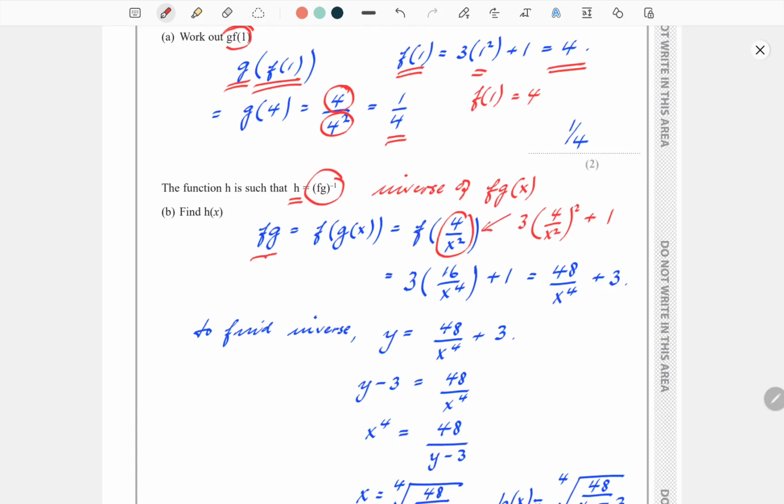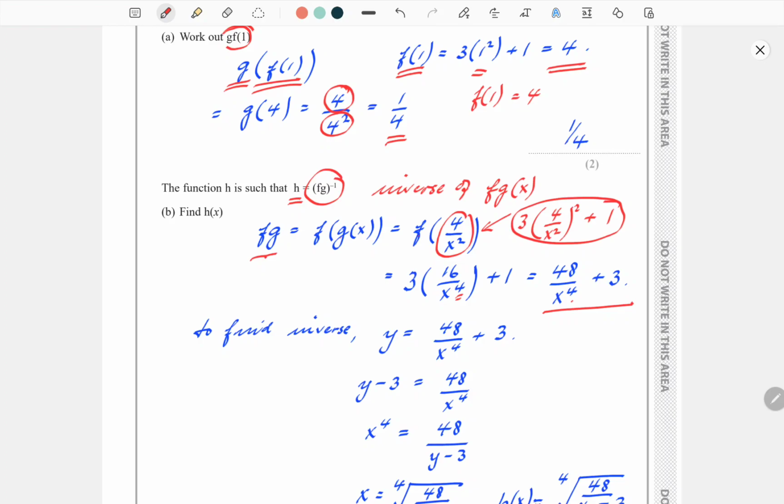That's what that thing actually means there. All right. So 4 over x squared all squared is the same as 16 over x to the power 4. Watch out for that. 3 times that plus 1. And that comes out to be 48 over x to the power 4 plus 3.